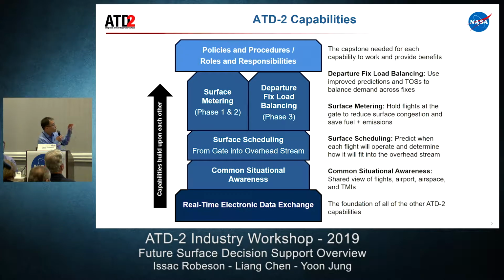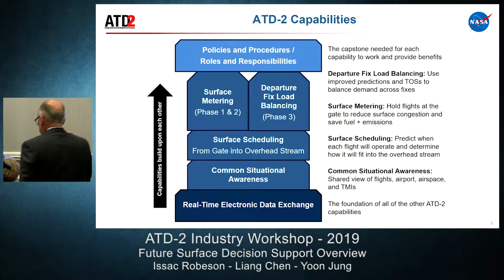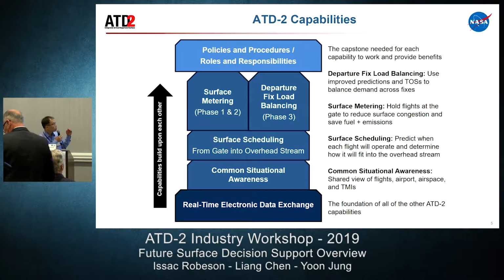And for phase 3, we developed a departure fix load balancing capability, which will schedule departures through the departure fixes. Especially in bad weather situations, departure fixes can be closed, and then this capability proposes rerouting options, trajectory option sets that airlines submit to ATC.